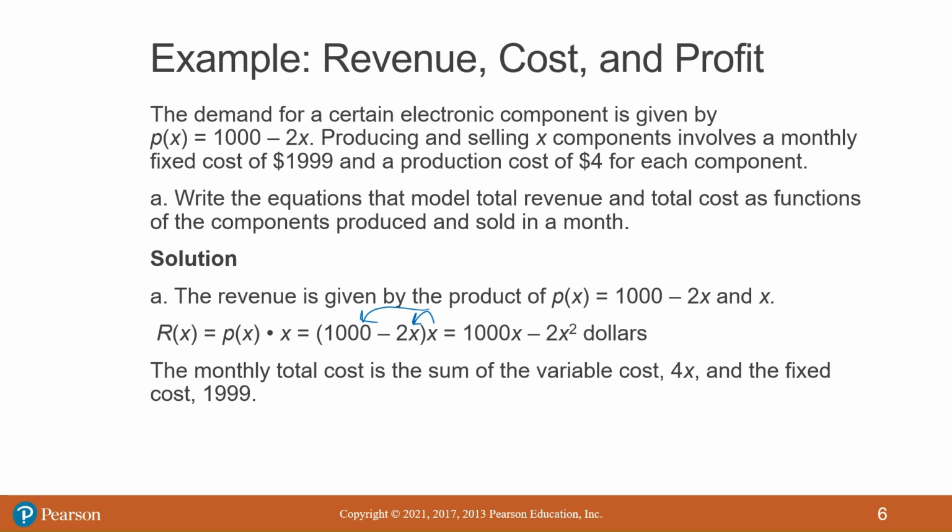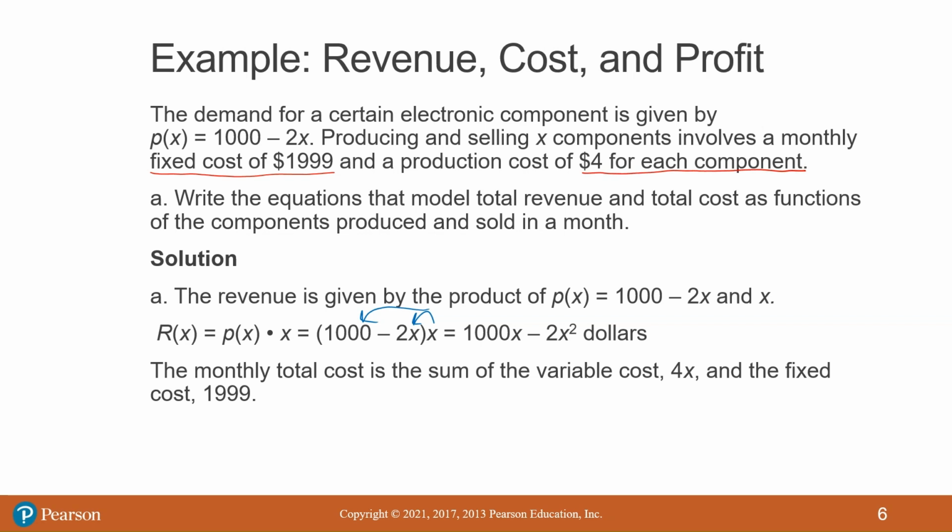Now, the total monthly cost is the sum of the variable cost and the fixed cost. So if we change into our cost function, what's going to cost us to produce this electronic component is made up of two things: a fixed cost, which stays the same pretty much month to month, as well as a variable cost. The variable cost here is made up of this additional $4 for each component.